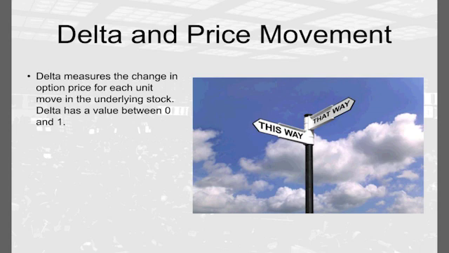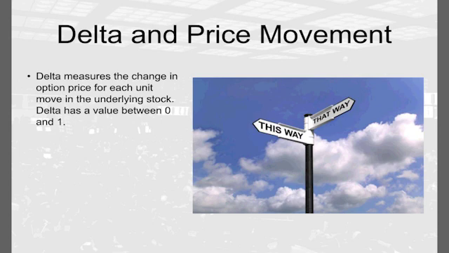The delta of an option measures the behavior, the characteristics, and the value of an option in relation to the underlying asset. Underlying asset is simply the stock you're looking at options on. So again, delta measures the behavior, the characteristics, and the value of an option in relation to the underlying asset.